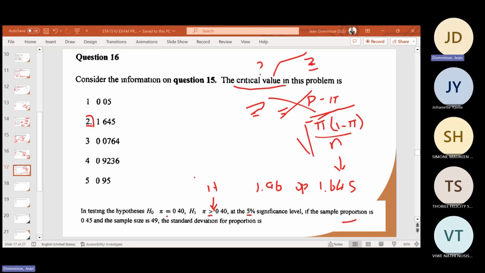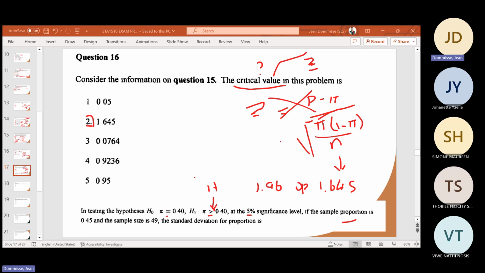So the top part, I got the 0.05. Then the bottom part, I got 0.4 times 0.6 divided by 49. And if I take the square root of that, I get 0.069.